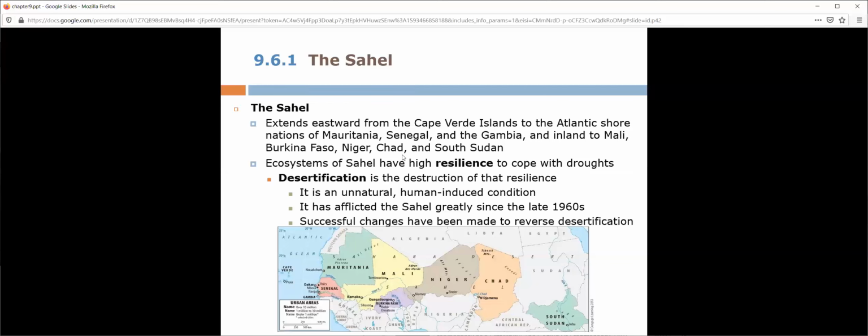This string of countries here has to deal with the encroaching of the Sahara and what we're gonna do to affect this.